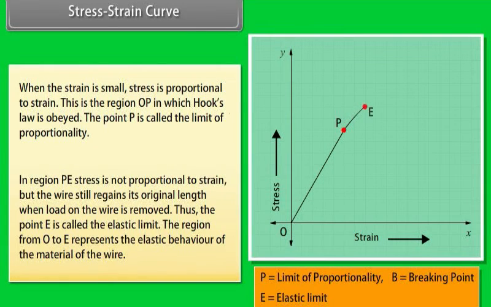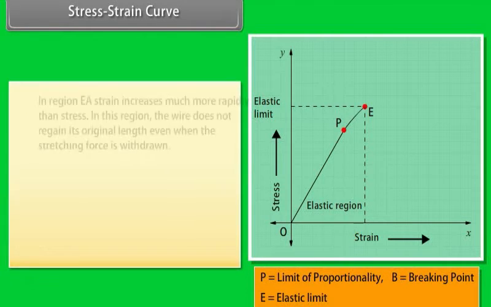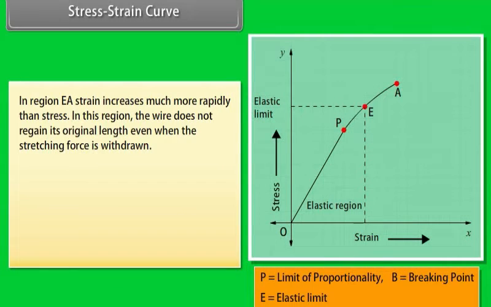In region PE, stress is not proportional to strain, but the wire still regains its original length when load on the wire is removed. Thus, the point E is called the elastic limit. The region from O to E represents the elastic behavior of the material of the wire. In region EA, strain increases much more rapidly than stress.